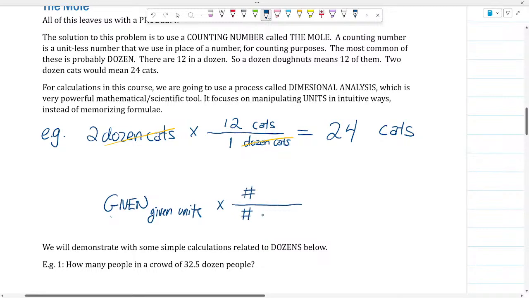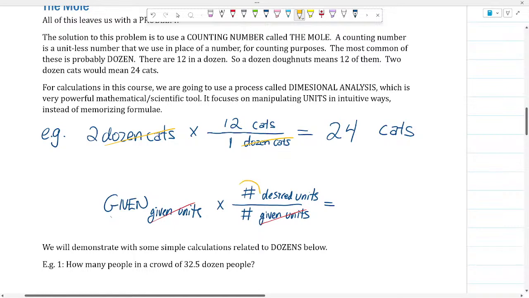The important thing is we put the given units on the bottom because we want to get rid of them. And when you divide anything by itself, it goes away. And on the top, we're going to put the desired unit, whatever it might be. And when we do that, the given units will cancel, leaving us with the desired units.